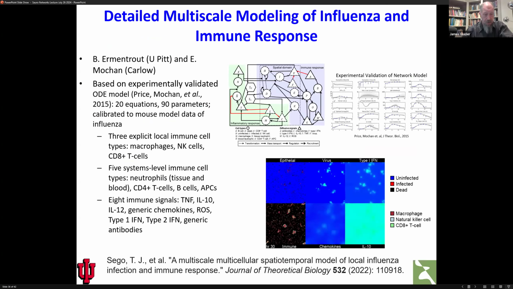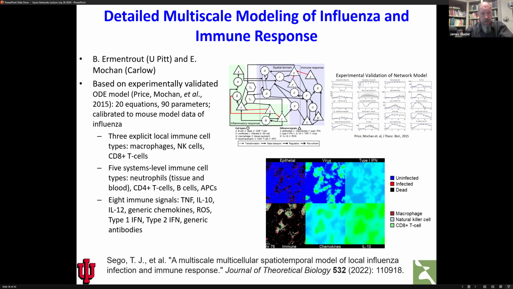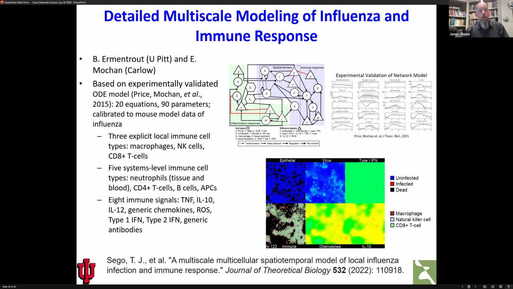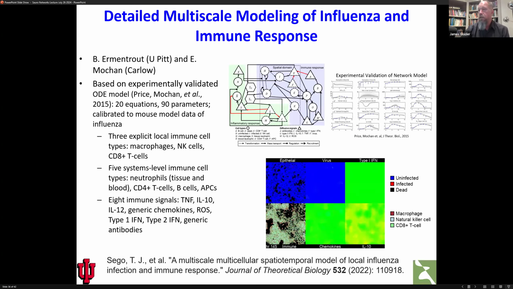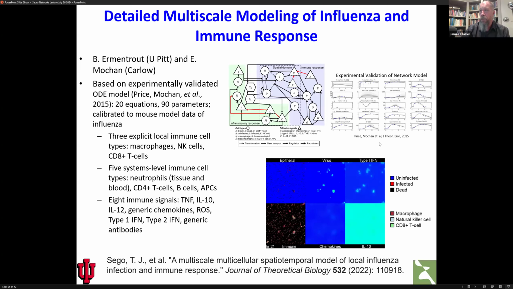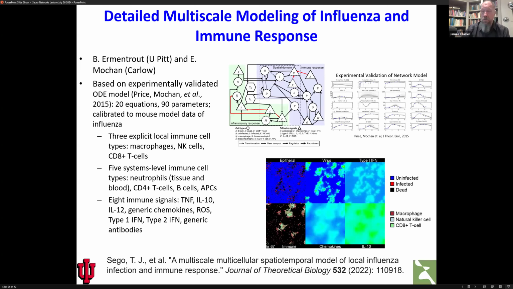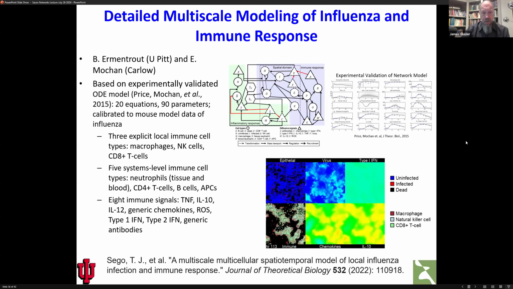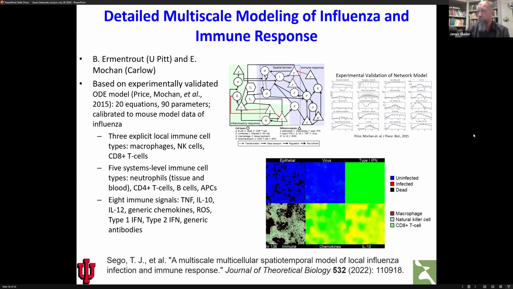TJ has also worked a lot on how you can, in a reproducible way, take ODE reaction kinetic models and turn them into spatial models. This is beautiful work that he did, again, using CompuCell, taking quite an elaborate model of immune response in rodents to influenza, which had been validated, or calibrated maybe is a better word than validated, quite extensively against animal studies.